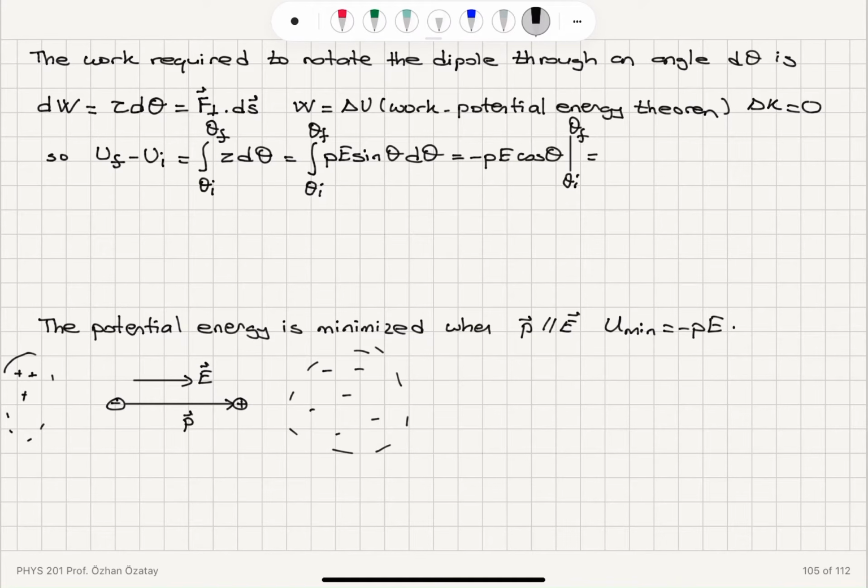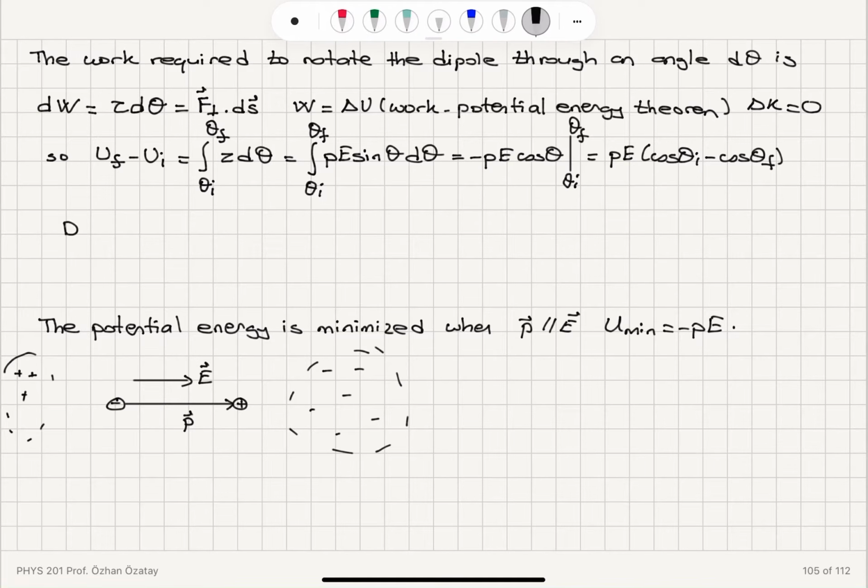So this will be equal to P times E cosine theta initial minus cosine theta final. Because of this minus sign here, I have changed the order. This is theta final to theta initial. So it's PE cosine theta initial minus PE cosine theta final.